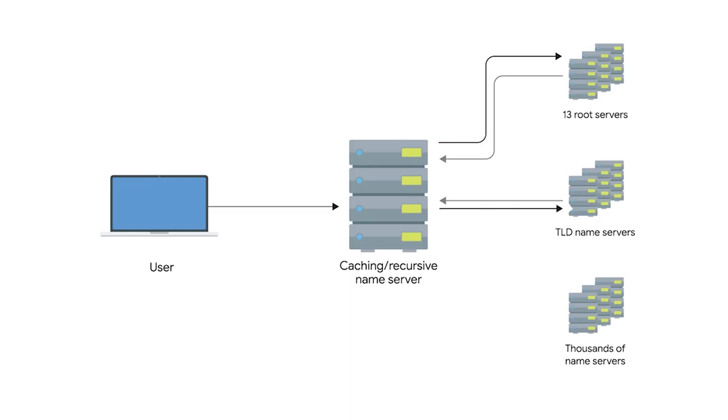Using www.weather.com as an example, the TLD name server would point a lookup at the authoritative server for weather.com, which would likely be controlled by the Weather Channel, the organization itself that runs the site. Finally, the DNS lookup could be redirected at the authoritative server for weather.com, which would finally provide the actual IP of the server in question.